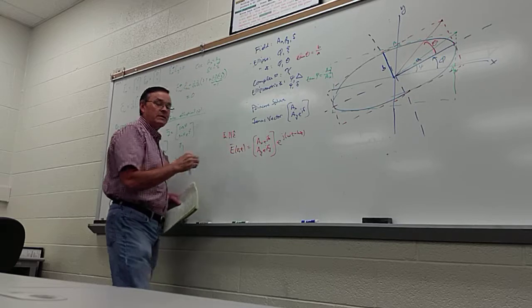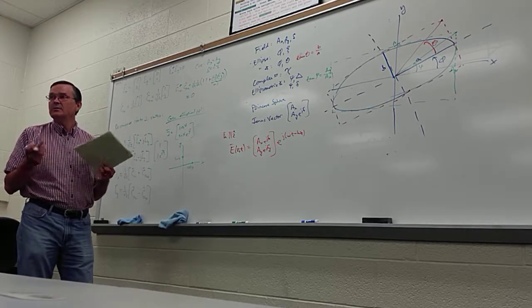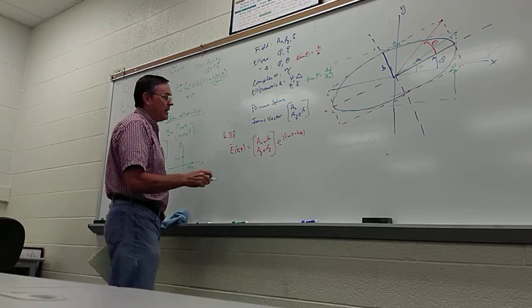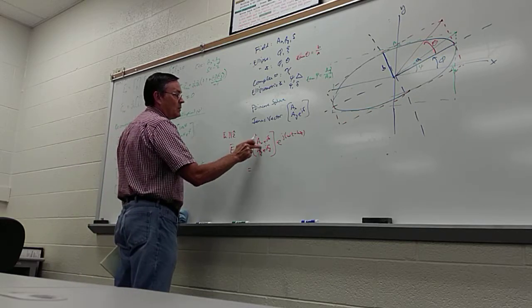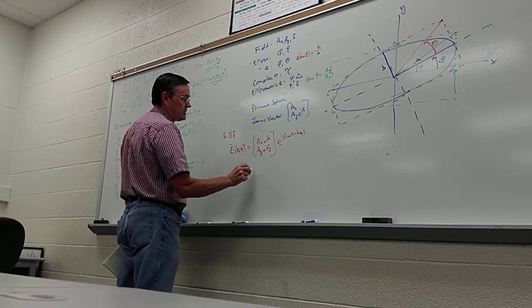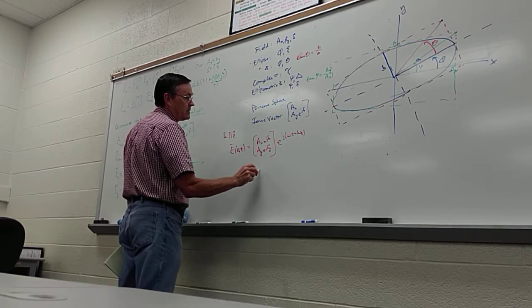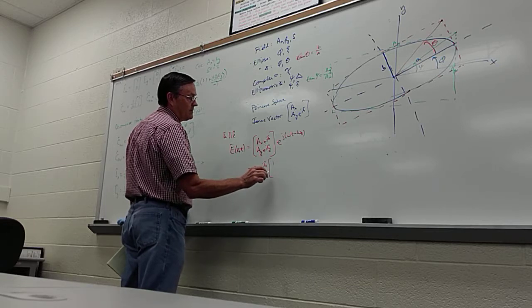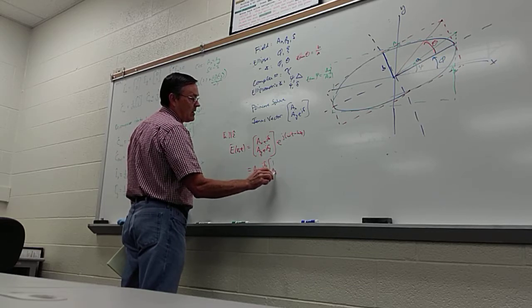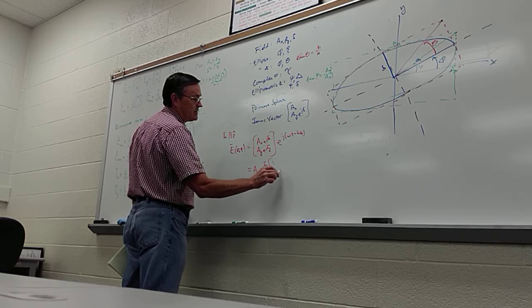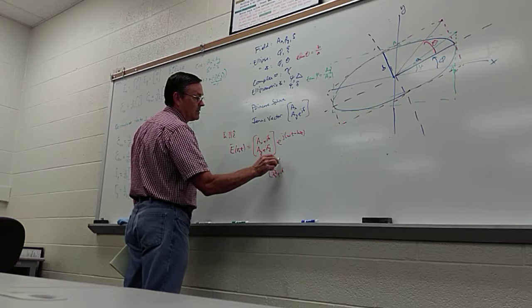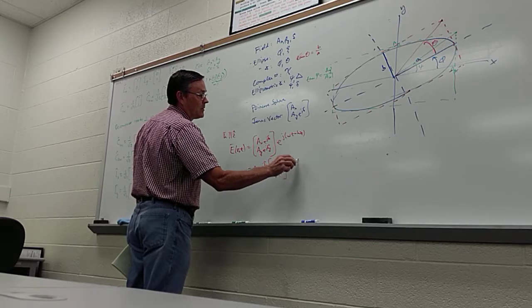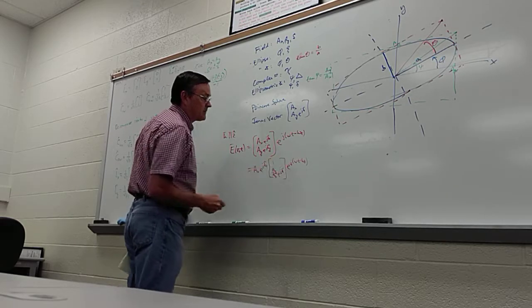So this is not a normalized Jones vector, it's an unnormalized Jones vector. Okay, so then I can always pull out the ax e to the j delta x, and that leaves me with a 1, and then ay over ax e to the j delta, and then e to the j omega t minus kz.